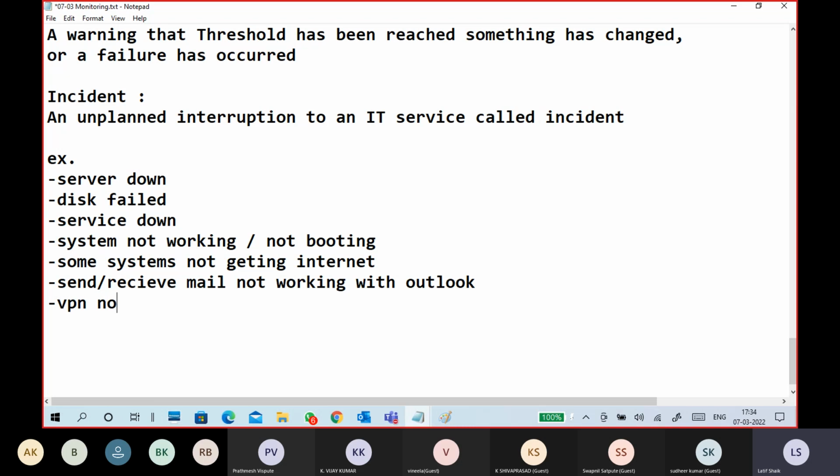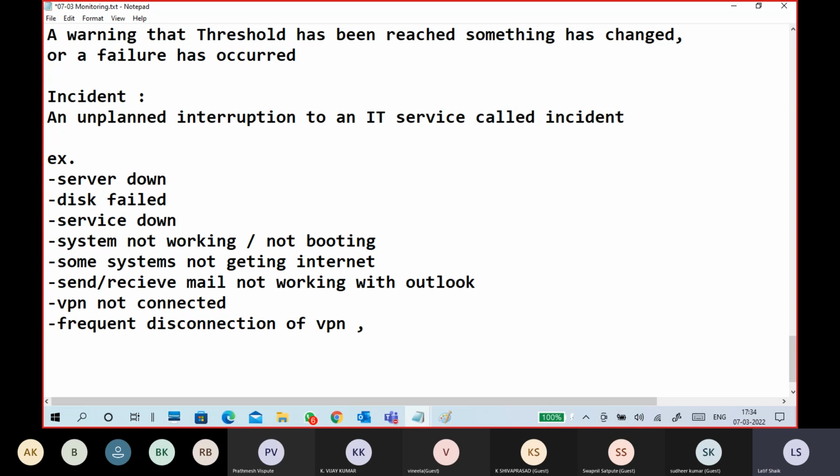VPN not connecting, disconnection of VPN.